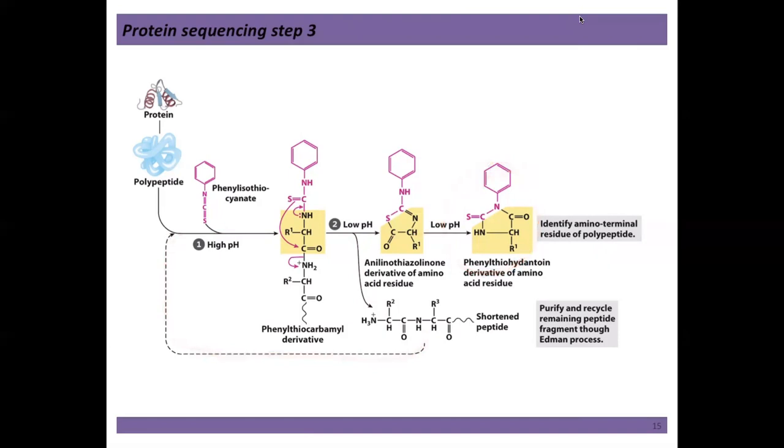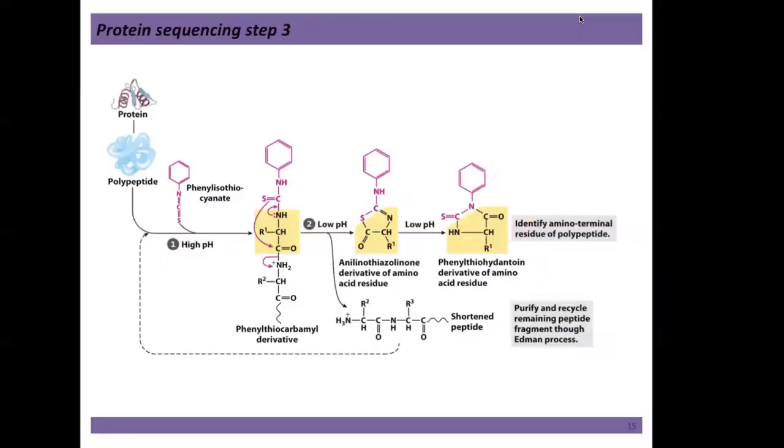You identify that new residue and repeat this over and over again. And it's been automated. Like I said, it's not as good as DNA sequencing that can get up to runs of 1,000, but it can get up to runs of 100.